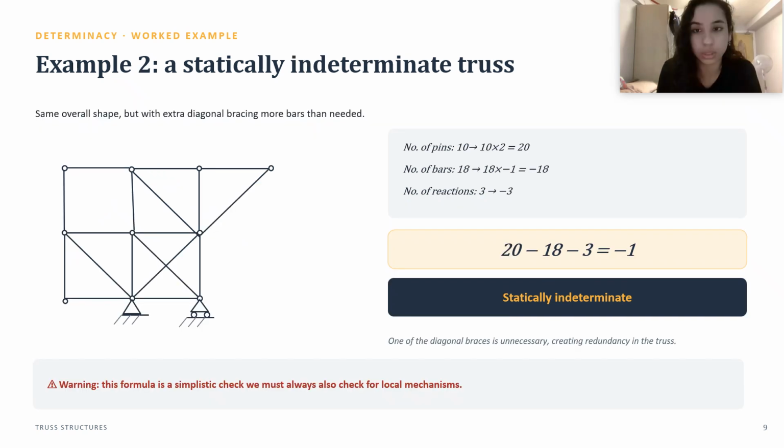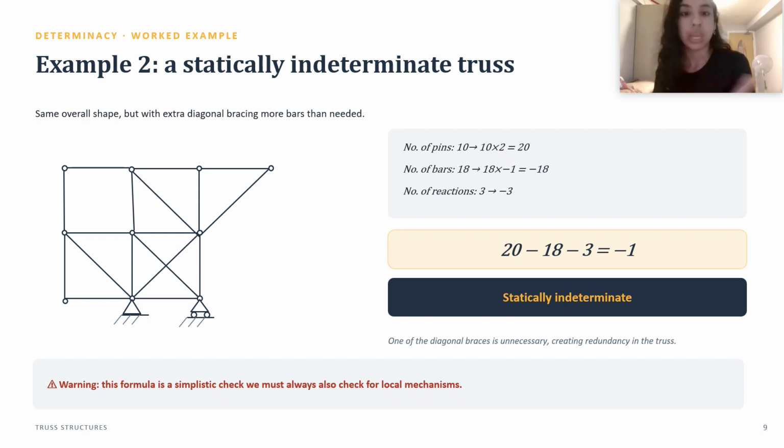We have example 2, which is supposed to be a statically indeterminate truss. We will see how we can calculate this to end up with statically indeterminate. Remember, to have a statically indeterminate object or body in statics, the number of degrees of freedom that is left should be less than 0.